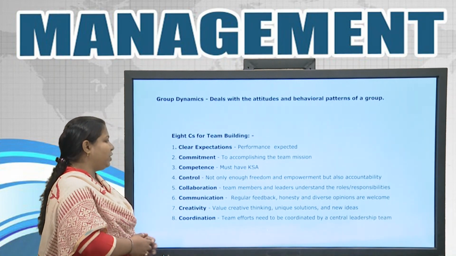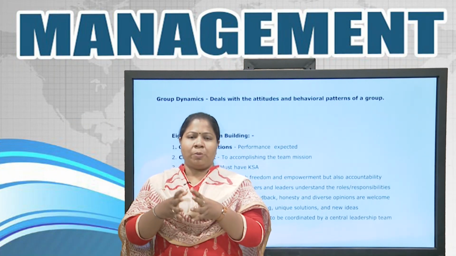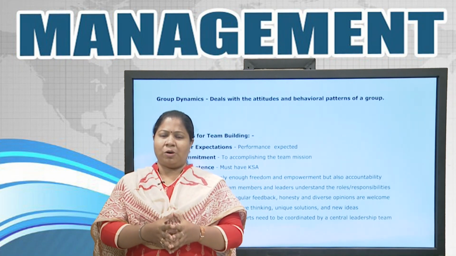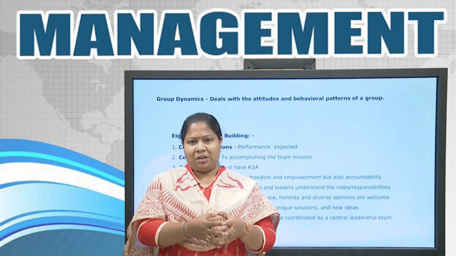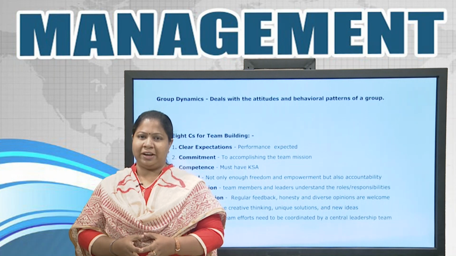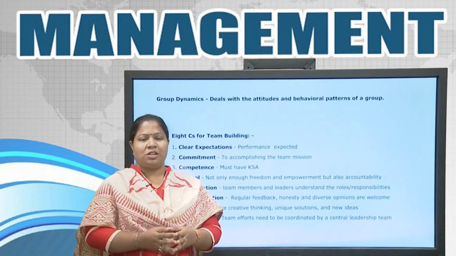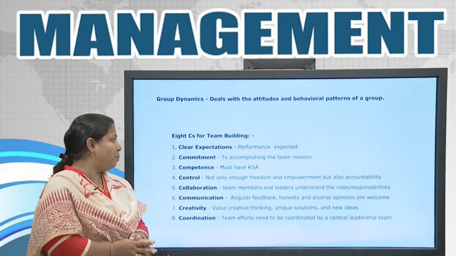Third is competence. Competence means if you form a group, suppose you have an XYZ task, you have formed a group and one member doesn't have the knowledge about that task, they won't be able to perform. So knowledge, skills and attitude are very important.